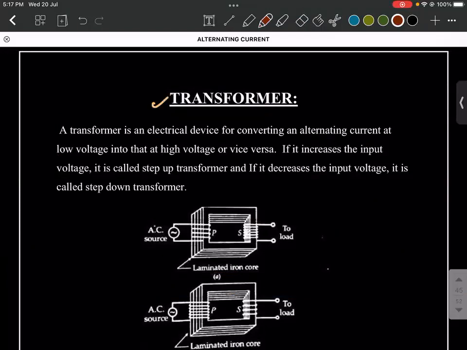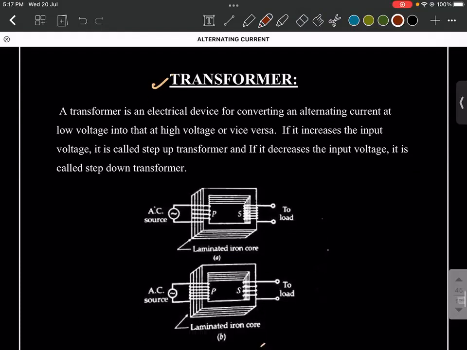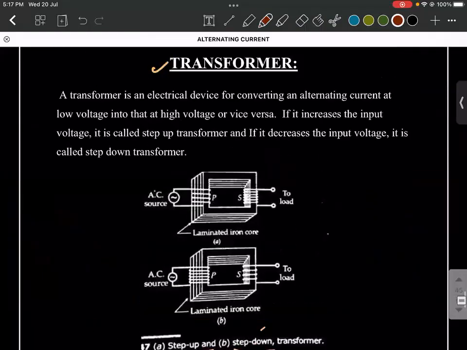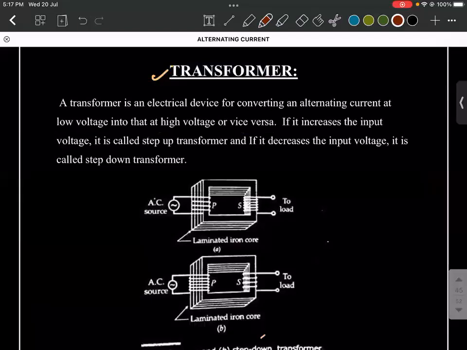Now listen. Write down the heading as transformer. So what is a transformer basically? If you see, there are certain places where the voltage comes out to be high.